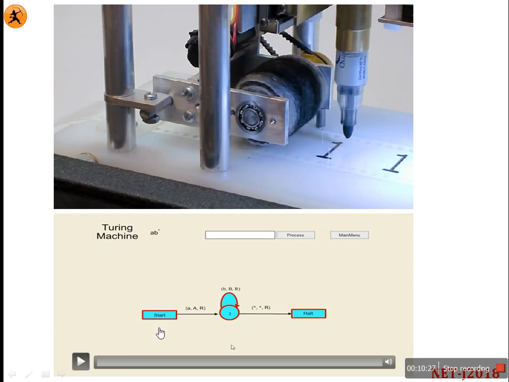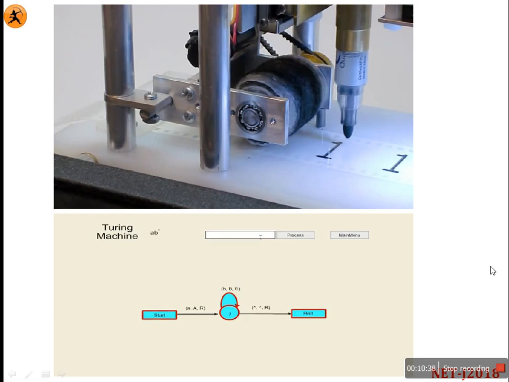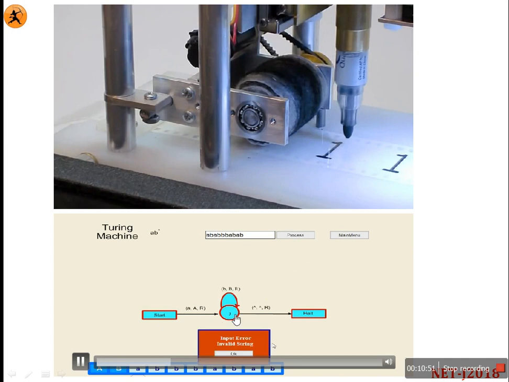For example, this is the machine's start state. This is halt, meaning the end state. Which language it can read is shown like this. For example, here a b a b b b a b, it checks whether it reads or not. A reads here, b reads here, but not a, so you get an error.